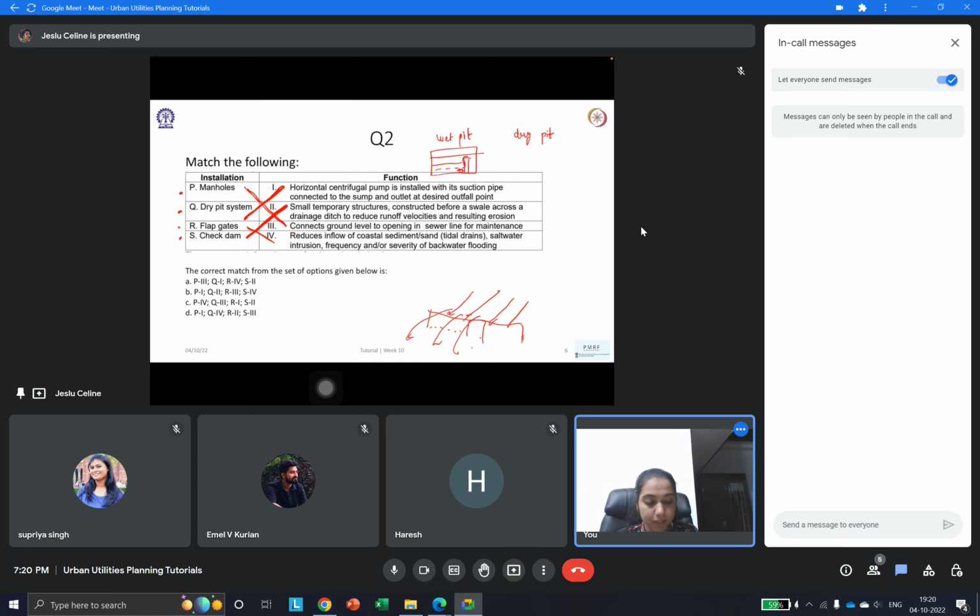But in a dry pit, there is a pump and a suction pipe, but the motor is placed outside. That's the difference. That's why it's said that the centrifugal pump is installed with a suction pipe connected to the sump and outlet at the desired outfall point. So yeah, that is right.